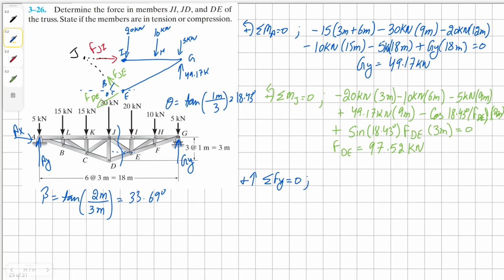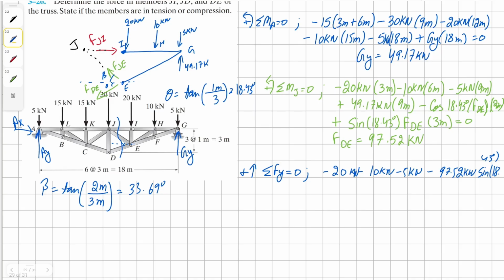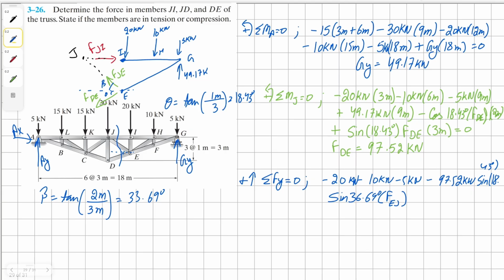We're going to have downward direction forces 20, 10, and 5, and the downward vertical component of force DE, and then the vertical component of force JE, and finally our external reaction force from the roller, 49.17 kilonewton, all equals to 0.